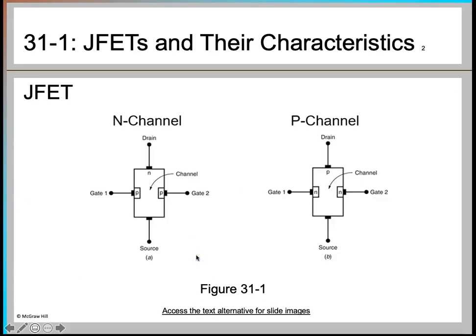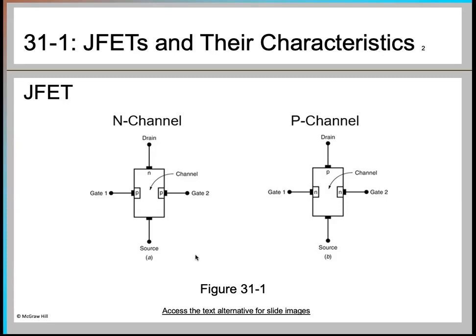Now we're going to see the construction of JFET. But before I jump into the construction of JFET, I would compare these field effect transistors with the BJTs, which are your bipolar junction transistors, which you have studied in the previous classes.